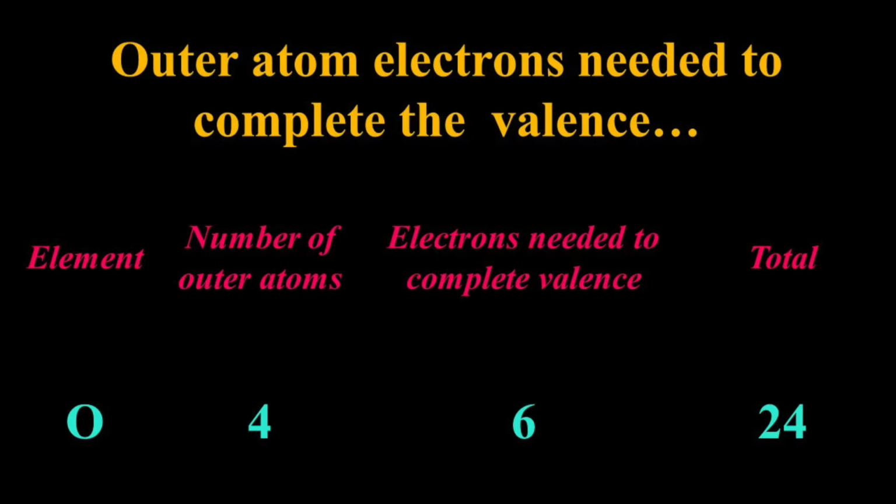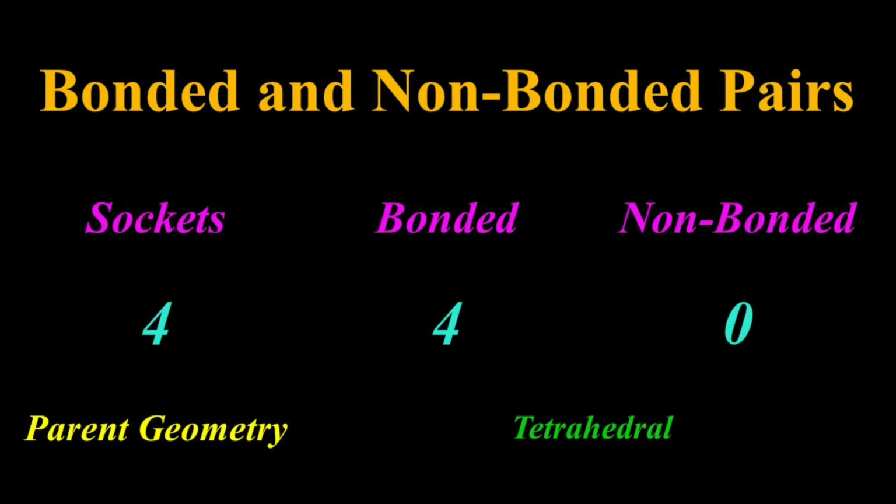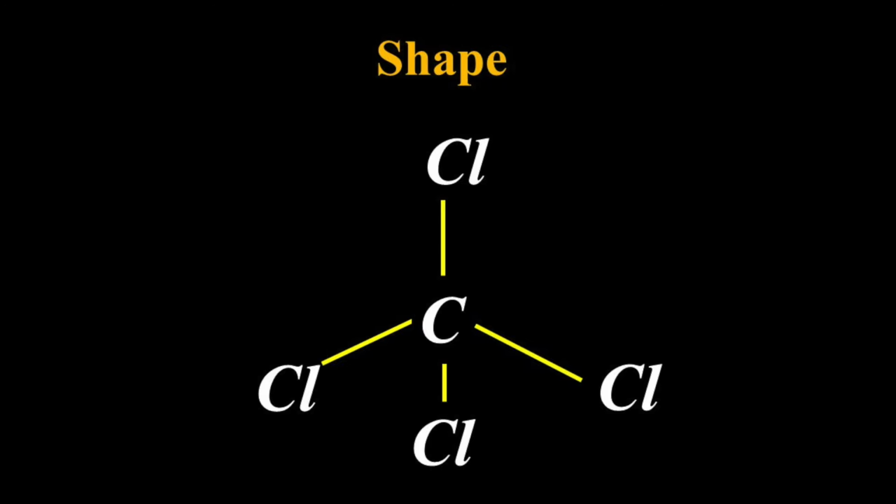And so we want to subtract from 32, 8 and 24, and that leaves us with 0. So you can see quite clearly and quickly, if you think about it, that it's going to be tetrahedral and it's going to be nonpolar.